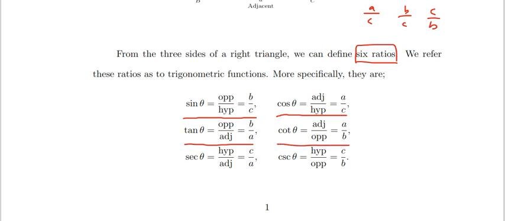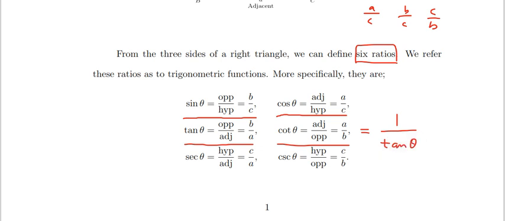Cotangent, a over b, equals 1 over b over a, so cotangent equals 1 over tangent.